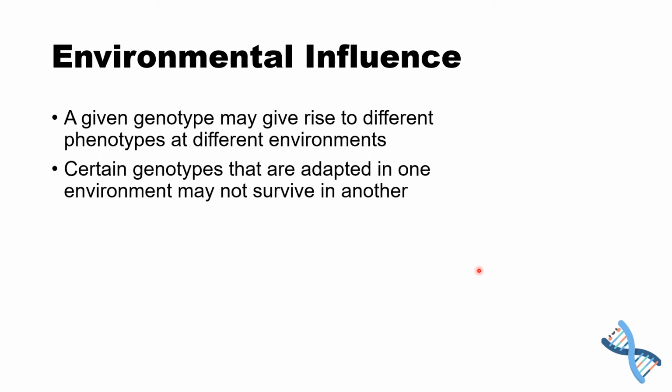Now, yung genotype na yun, in a perfect environment, dapat yung expression ng animal will be mataas yung ADG kasi yun yung dinidictate ng genotype. Pero, because of environmental influence, yung genotype na yun, it may give rise to different phenotypes na depending on the environment.